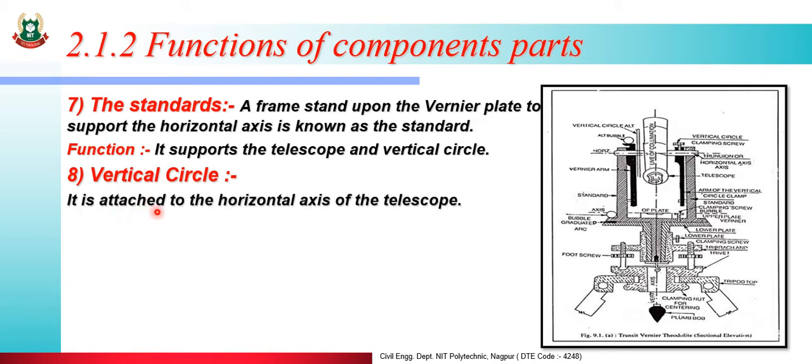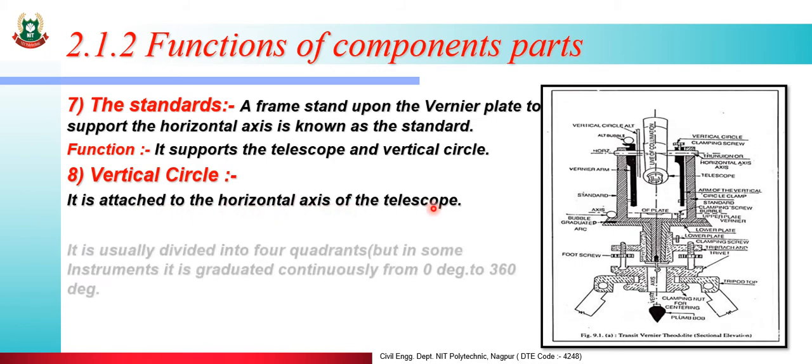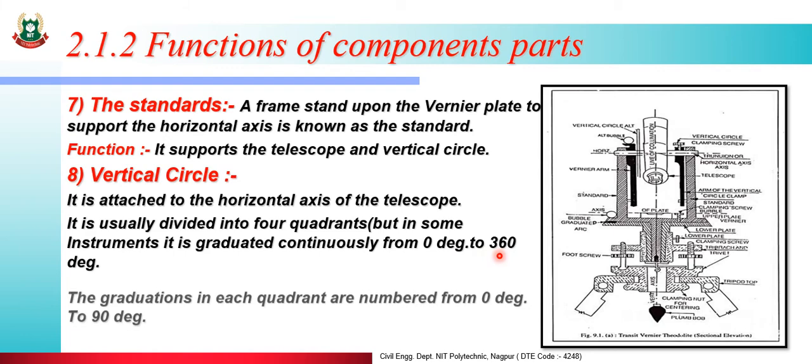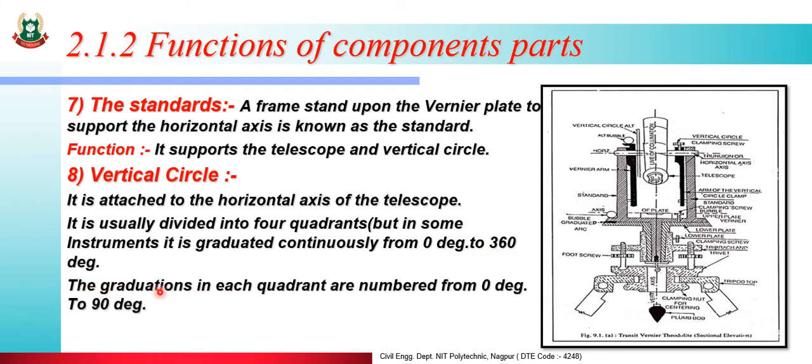It is attached to the horizontal axis of the telescope. It is usually divided into 4 quadrants, but in some instruments it is graduated continuously from 0 degree to 360 degree. The graduations in each quadrant are numbered from 0 degree to 90 degree. Function: it is used to measure the vertical angle.